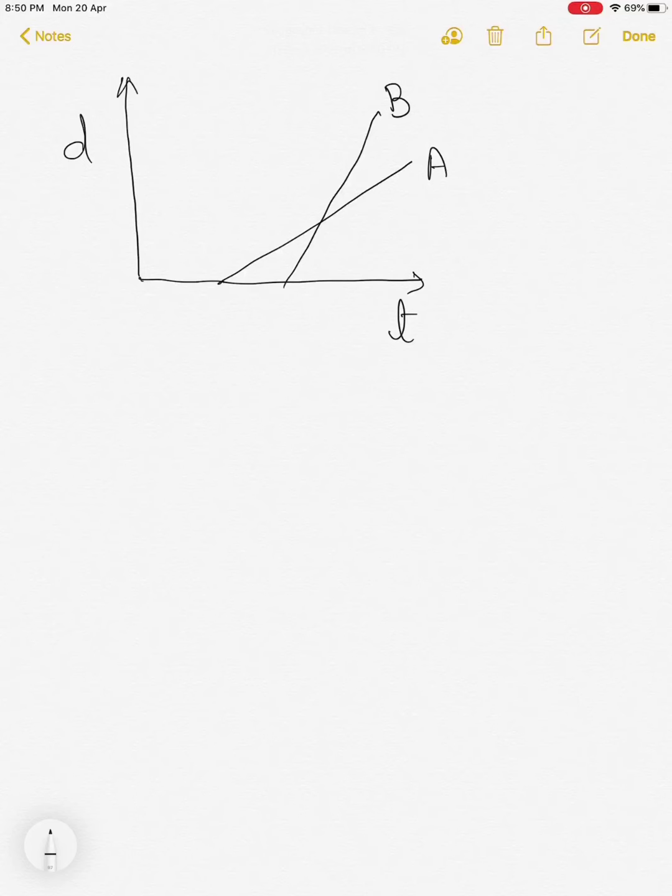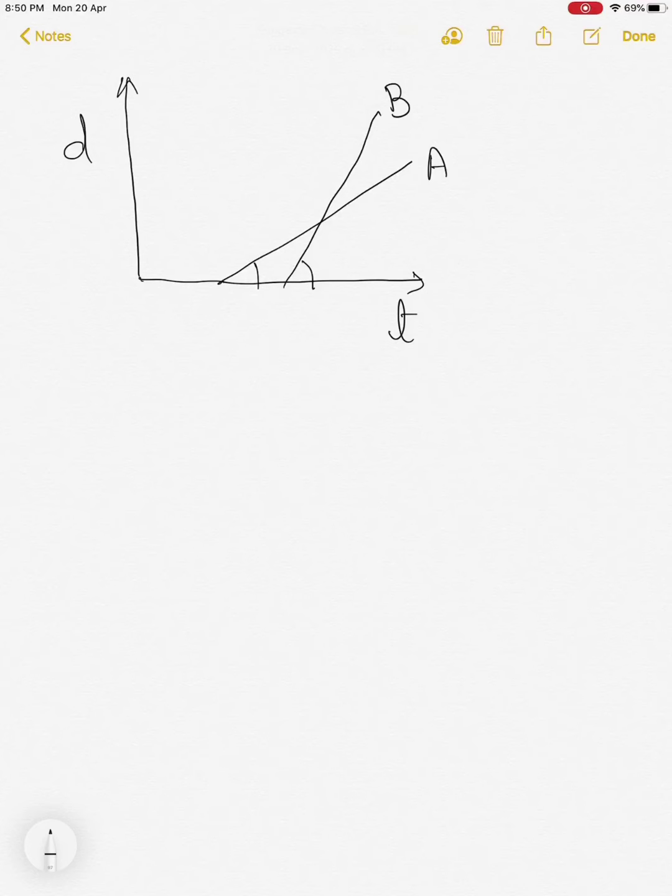To understand which is moving faster, whose slope is more? Slope, how can we get slope? The inclination of that straight line with the time axis. Whose inclination is more, then speed is also more.